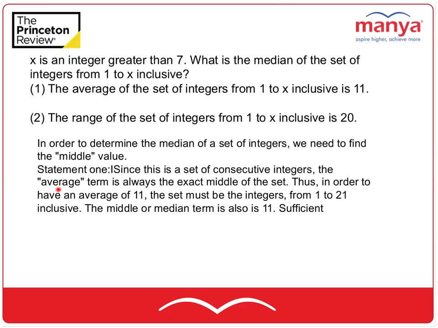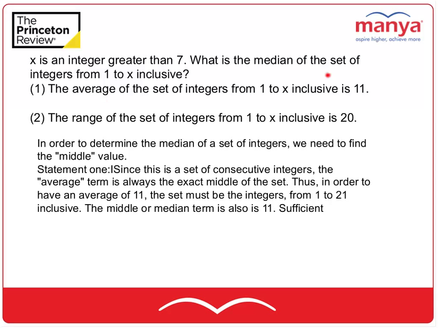And what do we know? If they are consecutive, the average is always going to be the median. So if we have an average of 11, the median is also going to be 11. When the common difference is the same, the mean is equal to the median. So when we know the average is 11, the median is also going to be 11.